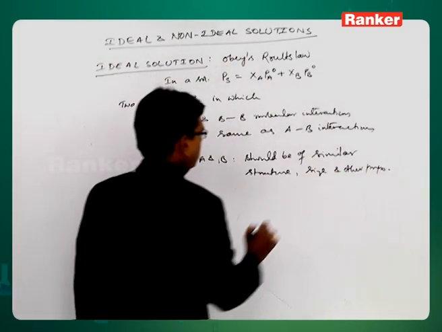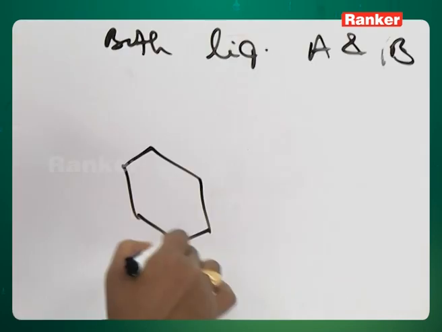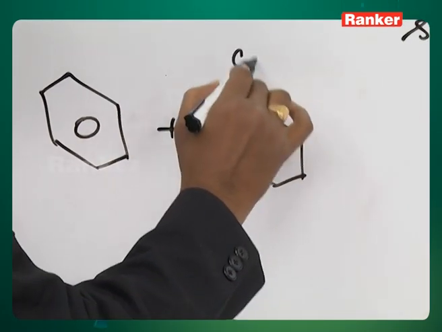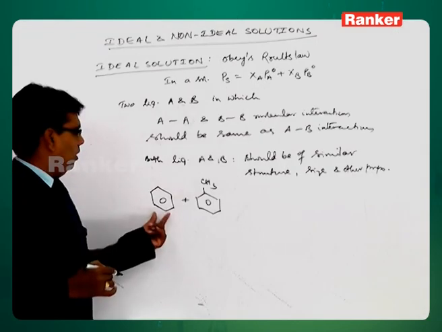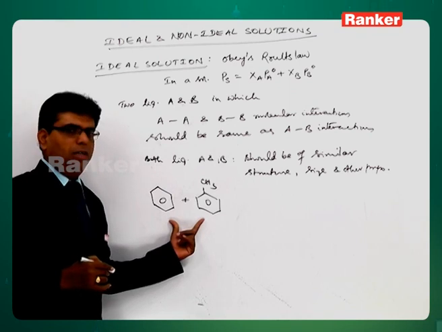For example, benzene and toluene. Benzene and toluene, this mixture will form an ideal solution.